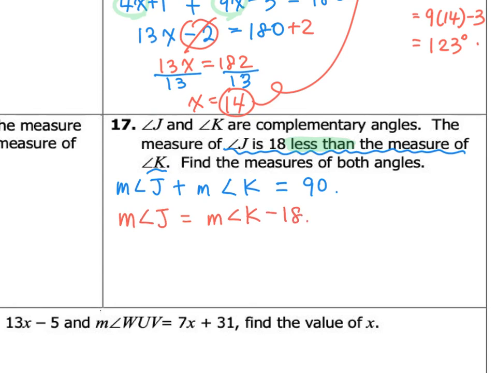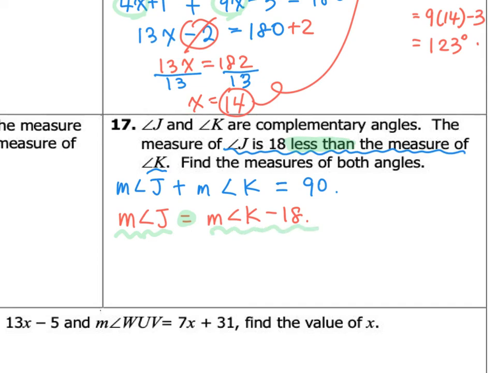All right? So now they're asking to find the measure of both angles. So how can we set it up? Do you see that equal sign right here? So we can substitute J with measure of angle K minus 18.